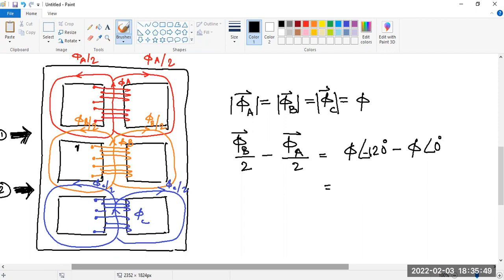Okay, sorry, this will be root 3 by 2, because I have assumed mod phi A is phi and mod phi B is phi. And what is the angle? Minus 150.